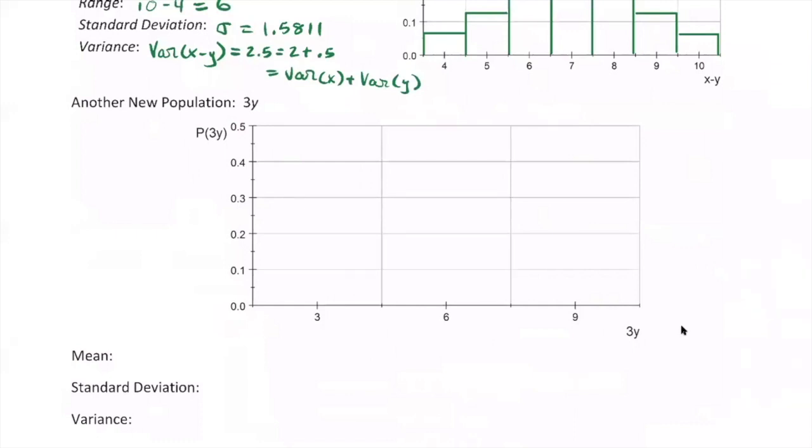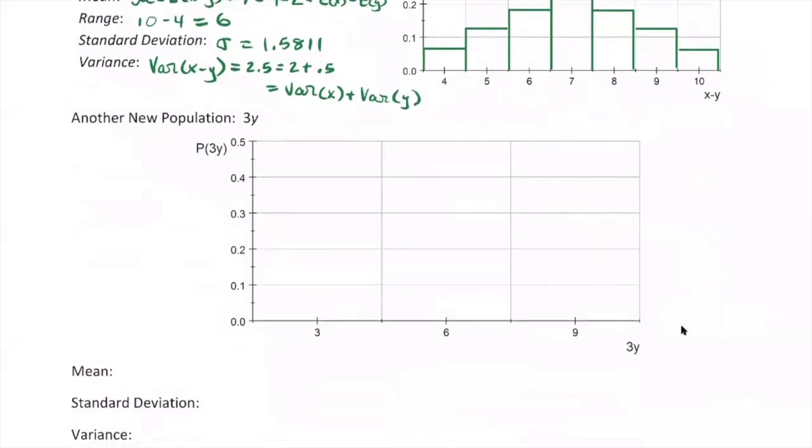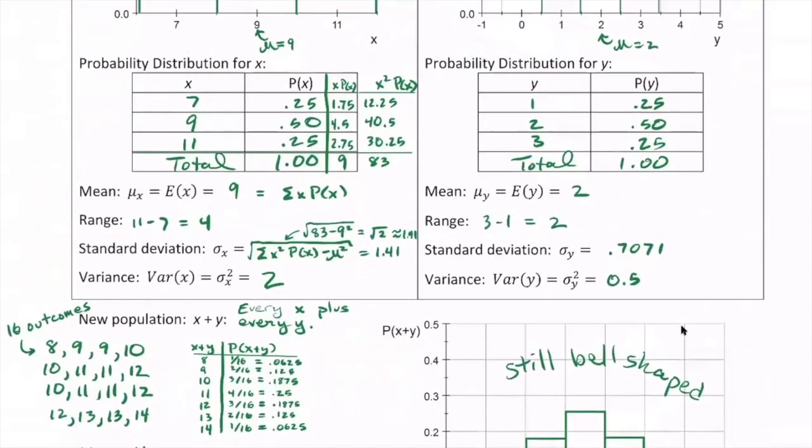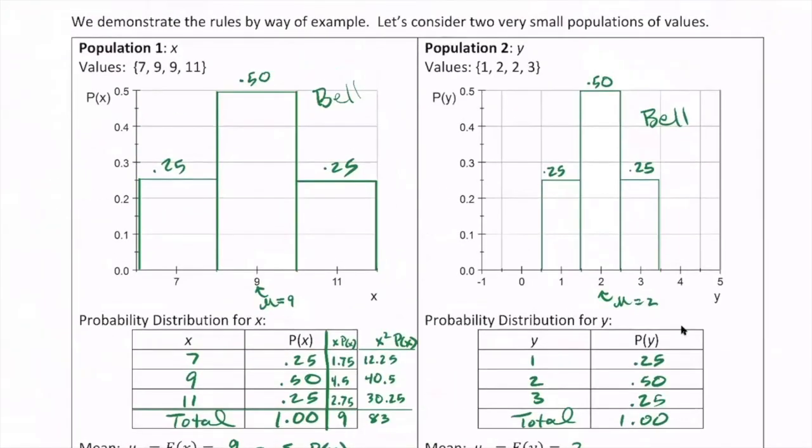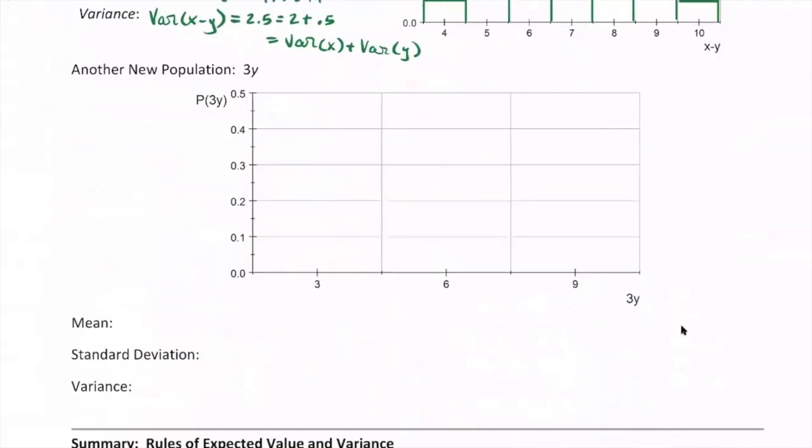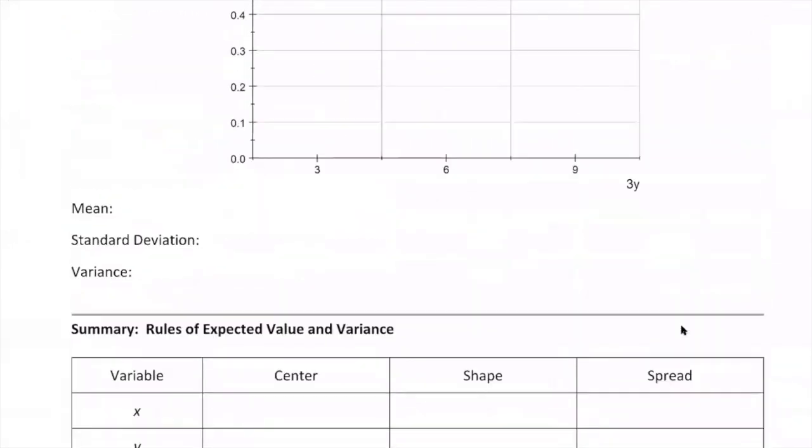Then for one more, let's just zip through this real quick. So for 3y, just to remind you, y had the values 1, 2, 2, and 3. So if you multiply those by 3, you're going to get 3, 6, 6, and 9. Just multiplying by 3. So where is it? Right here.